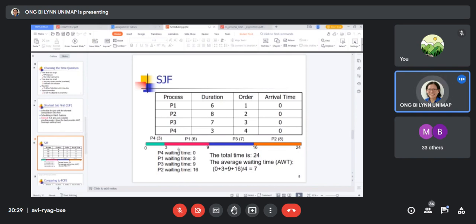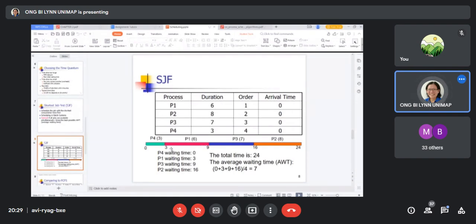Again, the smallest process will go into the queue first. So we arrange in the order of 3, 6, 7, 8, which means P4, P1, P3, and P2. The shortest one, P4, is 3 units, so 0 to 3.